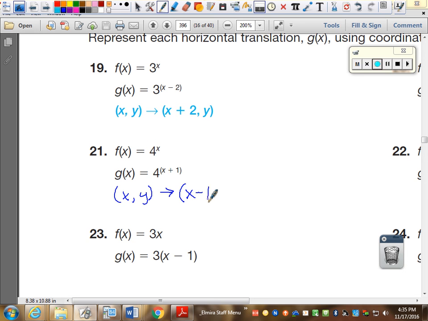Remember, it's opposite land, and when we're talking about x, and y stays the same. Let's try that one more time. X comma y maps onto x plus 1, opposite, and y stays the same.